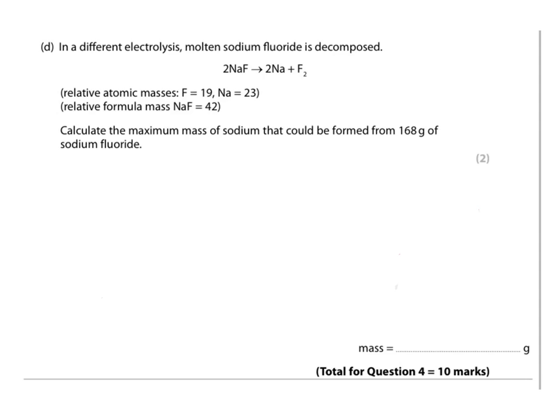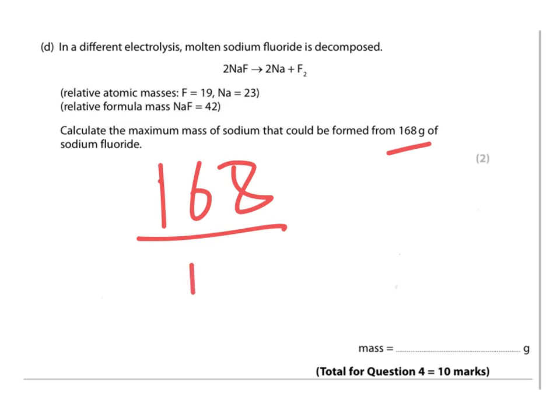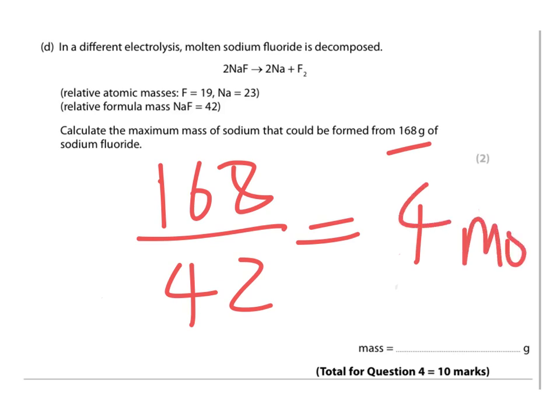What we do is we take the mass, 168, and we divide it by its relative formula mass, so 42. And that will give us something called the moles. So 168 divided by 42 equals 4. So we've got 4 moles of the sodium fluoride.